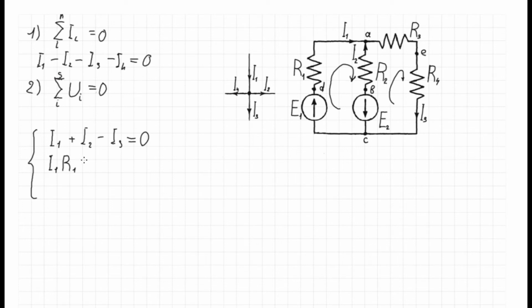Therefore, this current we choose with sign minus, and current second with sign minus, multiplied by resistance second.